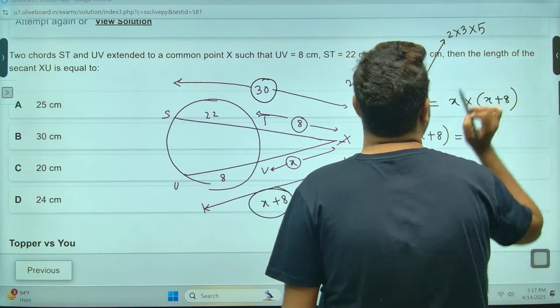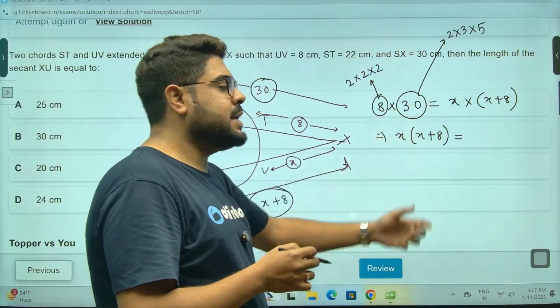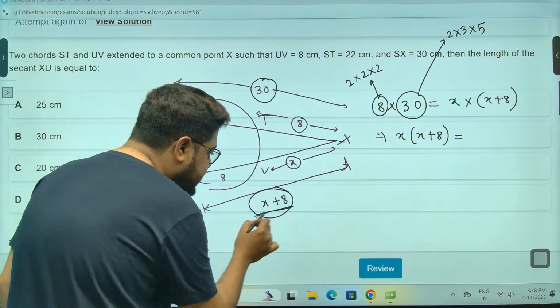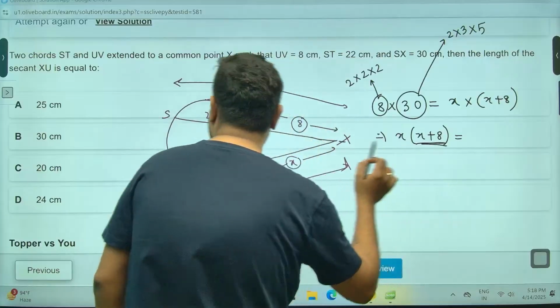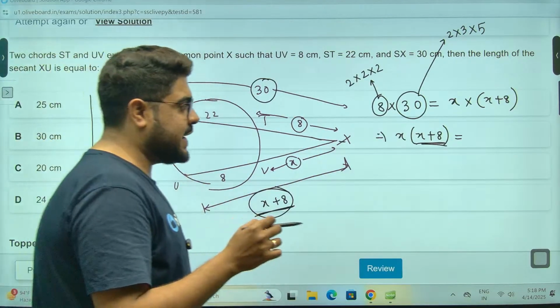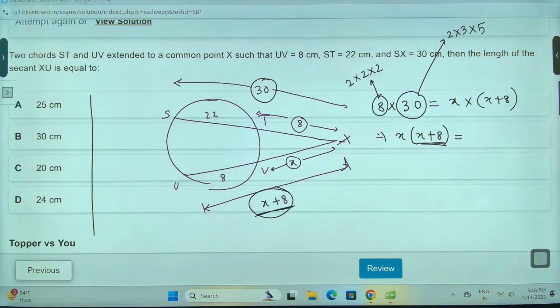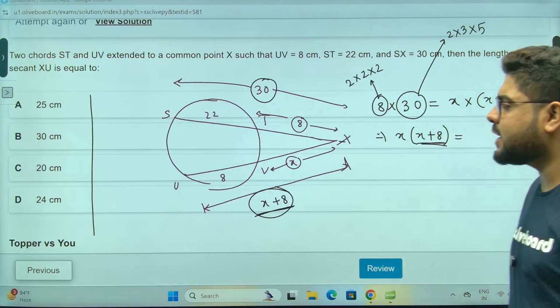One thing I can do is take the help of the options as well. They are asking us to figure out x plus 8, whose values are given here. I have to check which x plus 8 value, if I put it here, will satisfy this equation.